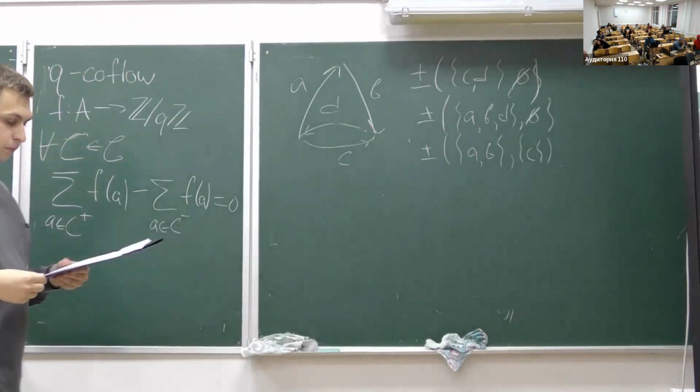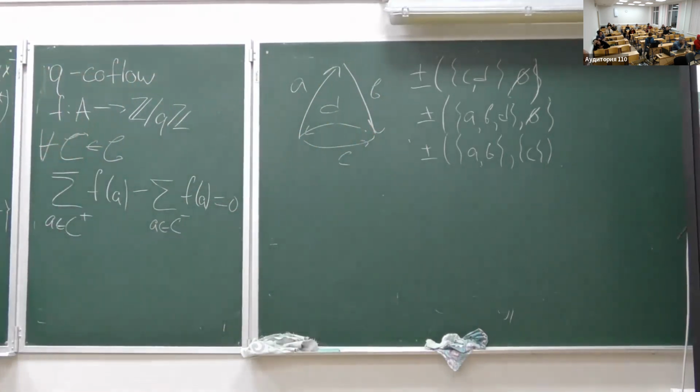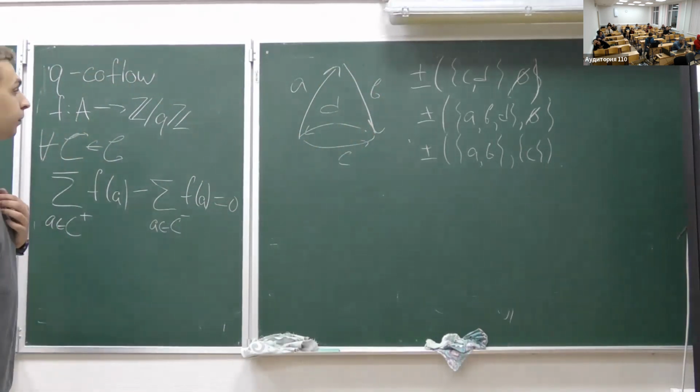Now, so what kind of Puka flows can be here?